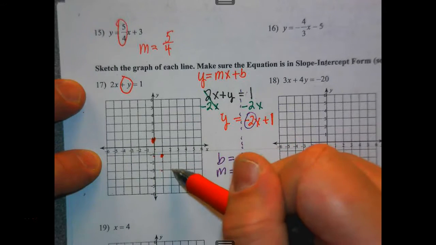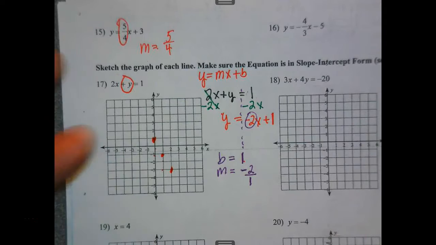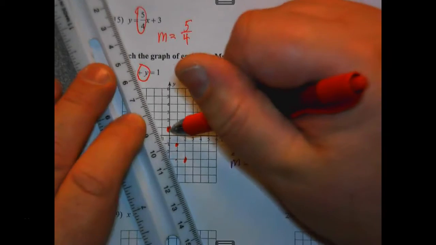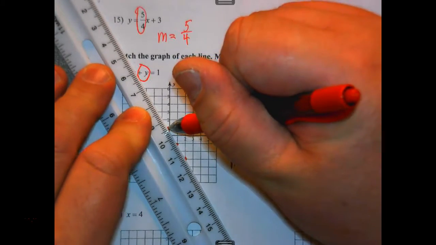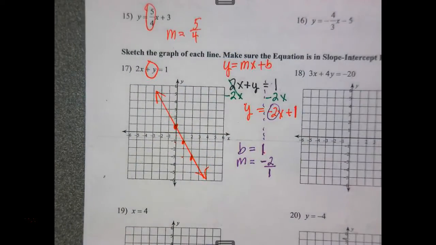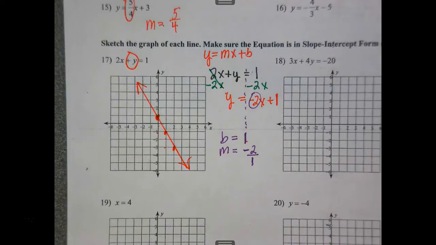And I'm going to use a ruler if you want a ruler. Get one. My line. So these are going to require quite a bit of work.